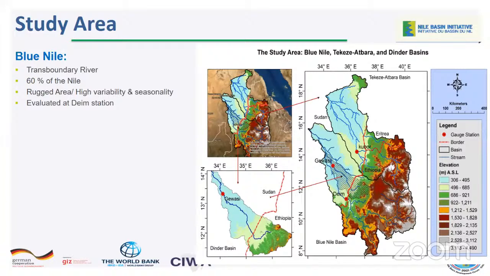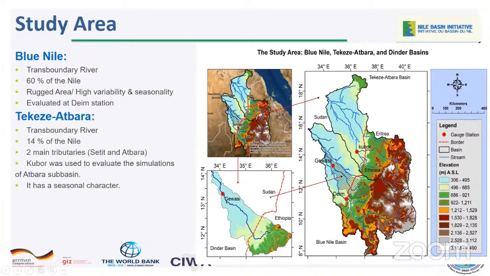It originates from Lake Tana at a height of nearly 4,000 meters and ends at Khartoum at a height of about 300 meters, I think. This basin is evaluated in this study at Dam Station, at the Sudanese-Ethiopian border.